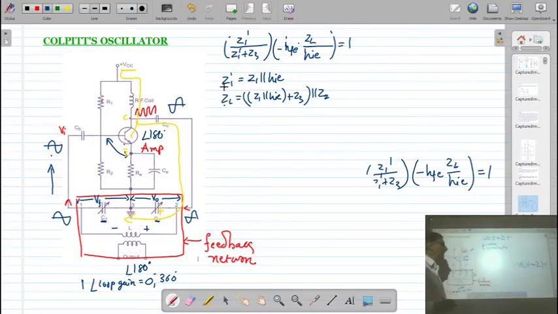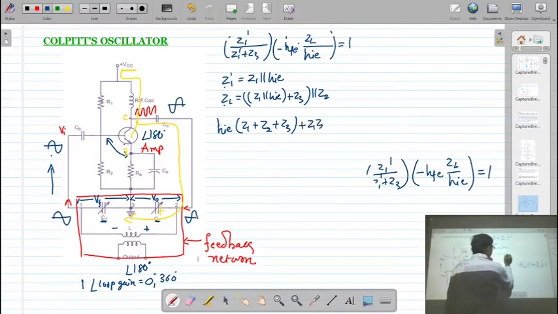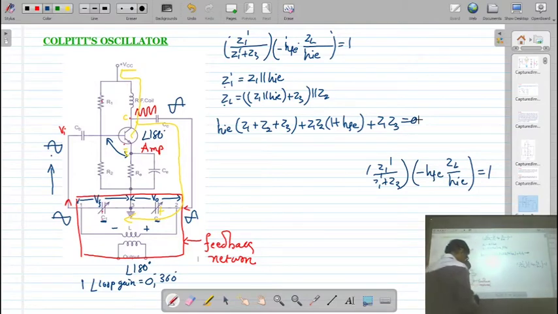After the simplification, you will get this expression: HIE into (Z1 plus Z2 plus Z3) plus Z1 Z2 into (1 plus HFE) plus Z1 Z3, and this is equal to 0.